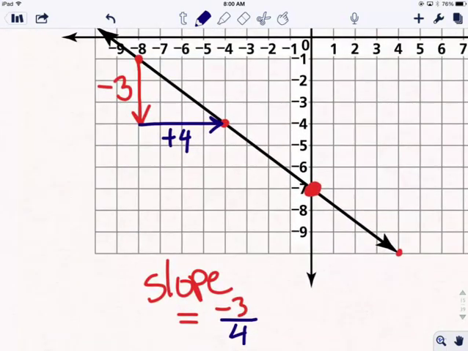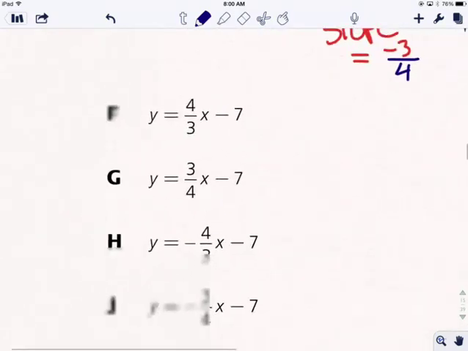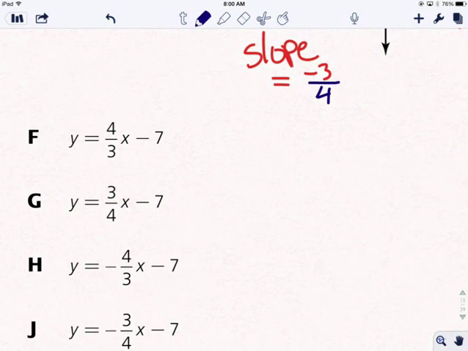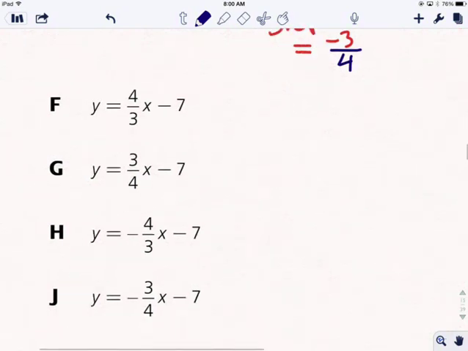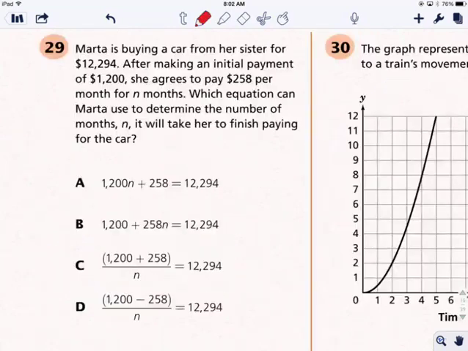Because it's rise over run. Negative 3 over 4. Now, which of these equations has a slope of negative 3/4? Looks like answer choice J. And of course, J also has the y-intercept of negative 7. Number 29. In this problem, we need to write a function that represents this situation.